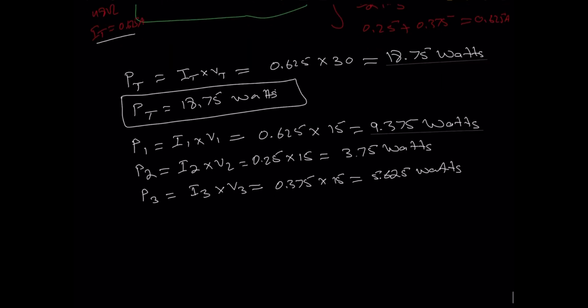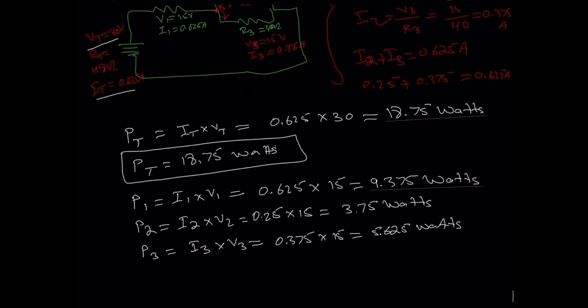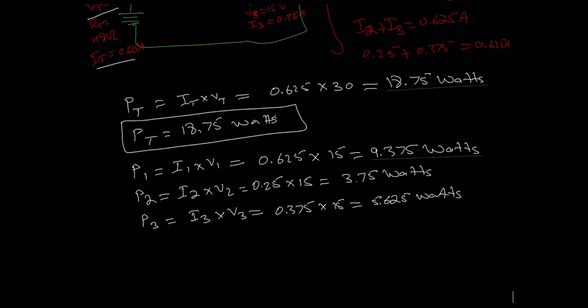In a circuit, the total power should be equal to the individual powers. So PT should be equal to P1 plus P2 plus P3. Let's check this theory if it works here. P1 we got 9.375, plus P2 was 3.75, P3 was 5.625. Let's see if we get 18.75.